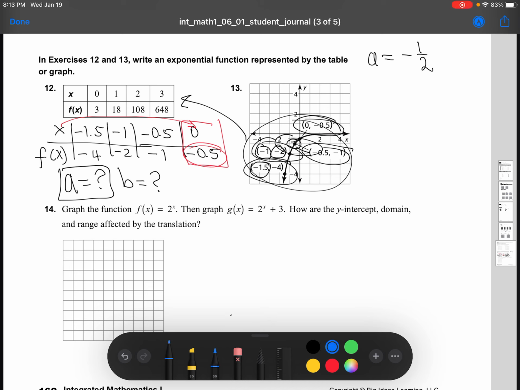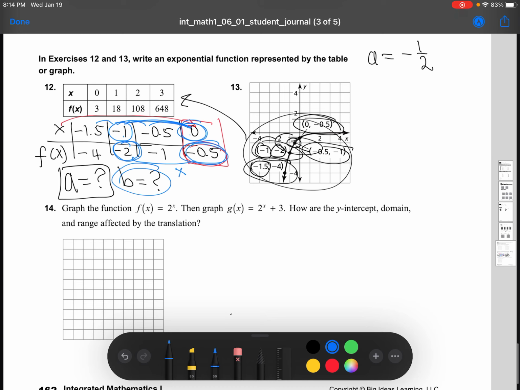Now I want you to notice something. Now we're going to take a look at b. Can you see that we're increasing by 0.5? Be careful. Make sure that you go from one unit to another unit. So can you see the difference between negative 1 and 0 is 1 unit? That's what we need to look at. From negative 2 to negative 0.5, what happened? Remember, we always think in terms of multiplications. This is times 1 over 4.